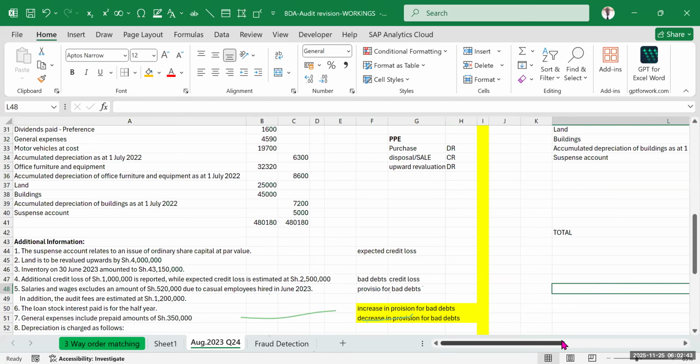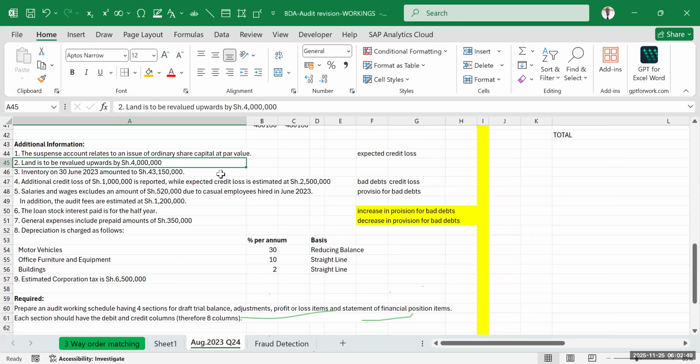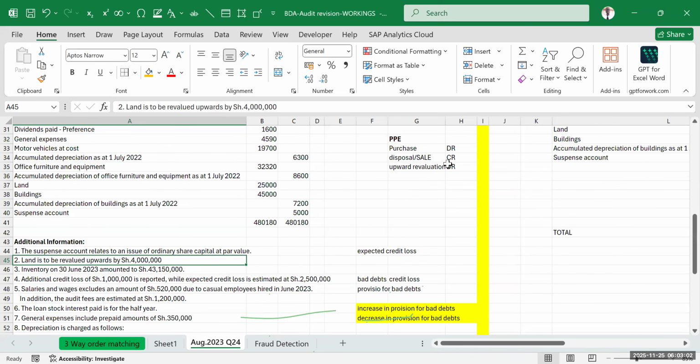So with note 2 talking about land to be revalued, that revaluation will increase the net book value of the land in this case. And when it increases, remember, land will be debited because this value has gone up. The same thing I've written here. We'll debit it. But there has to be a corresponding credit entry. So we ask ourselves, what increased the value of land?